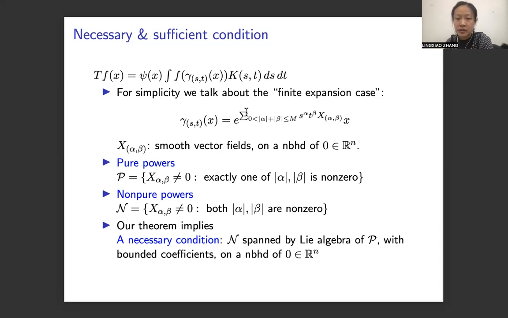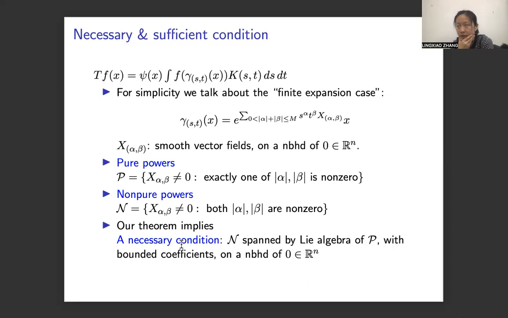So in the exponent, it is a polynomial of s and t with coefficients being vector fields X_{alpha beta}, which are defined in a neighborhood of 0 in R^n. And if exactly one of the indices alpha, beta is non-zero, then we say X_{alpha beta} is a pure vector field. If both of alpha, beta are non-zero, then we say it is a non-pure vector field.